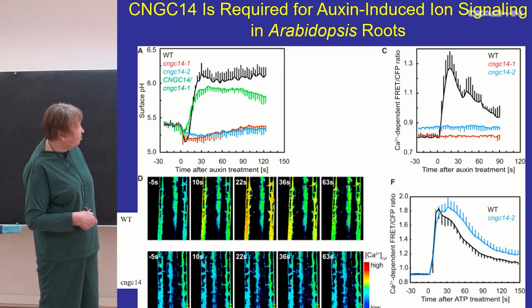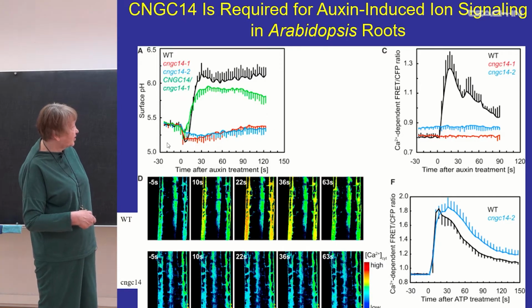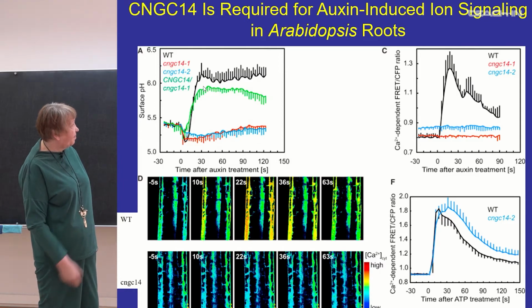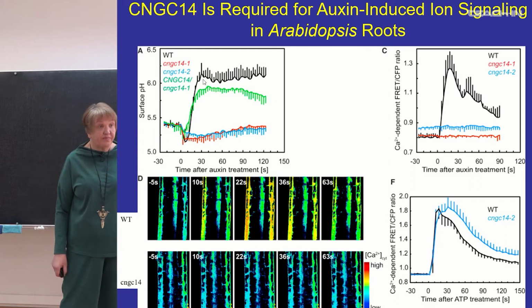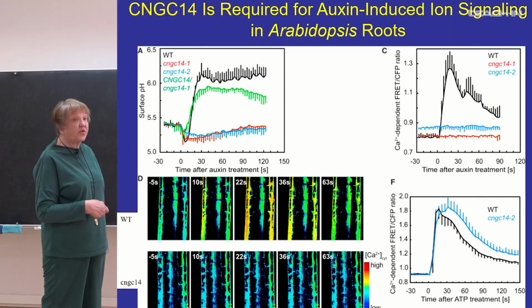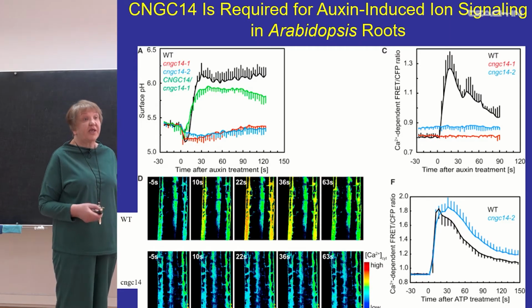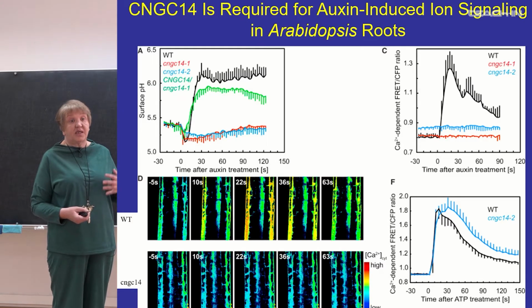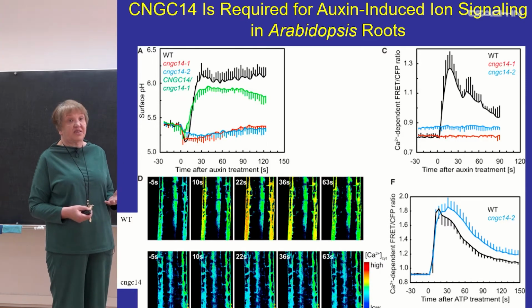And you see that both of the mutants do not have an increase in surface pH, in this particular case, in response to auxin. That is actually quite cool. I don't know if you have heard about it, but adding auxin outside induces a very quick increase in cytoplasmic calcium.